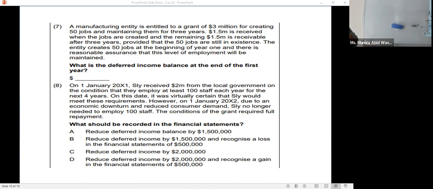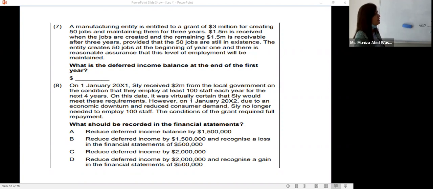It means that every year 0.5 million has to be recognized as revenue, and the remaining 1.5 million will be deferred. The next year again 0.5 million, and then 1 million is going to be deferred. But they say that on 1st January 2001, at the time of taking the grant, it was virtually certain that SRAI would meet these requirements.